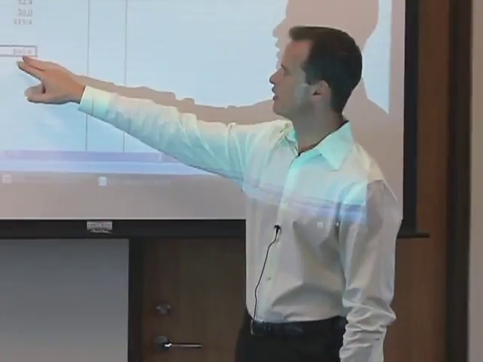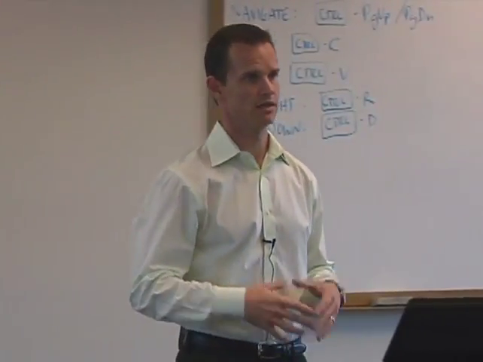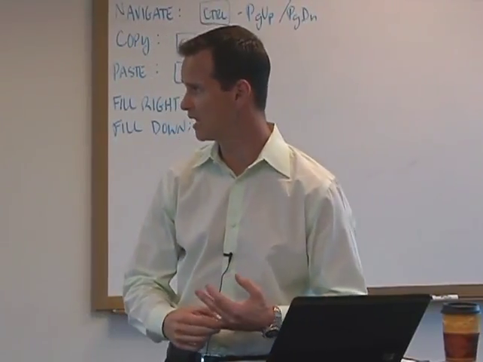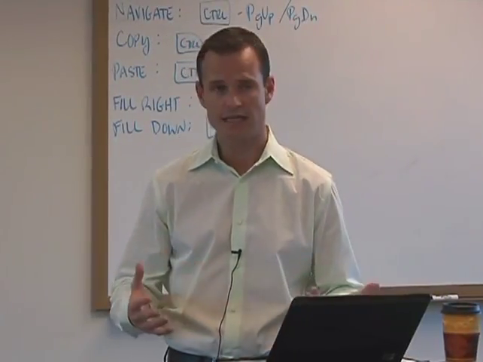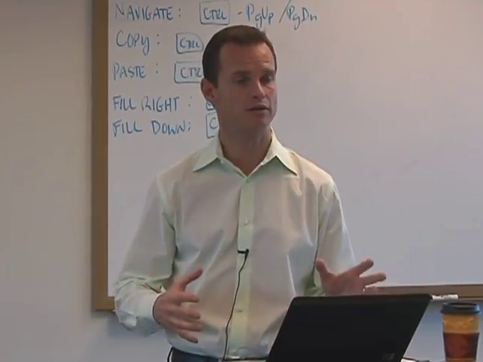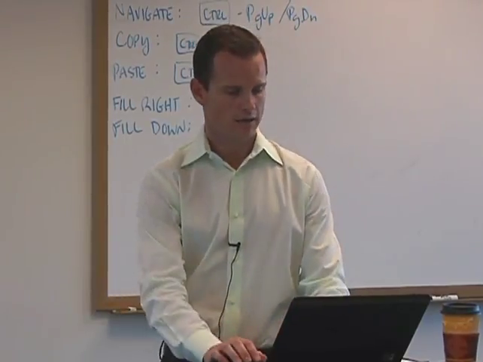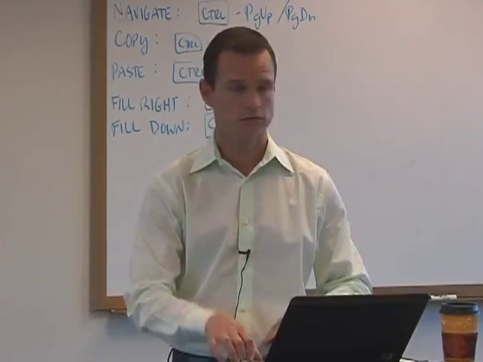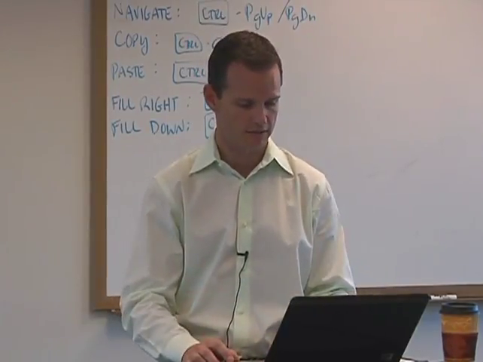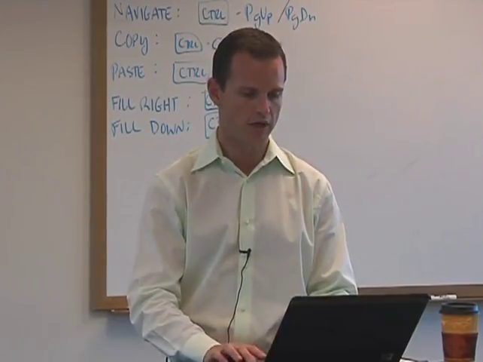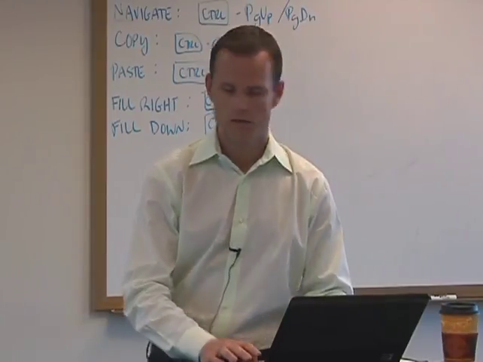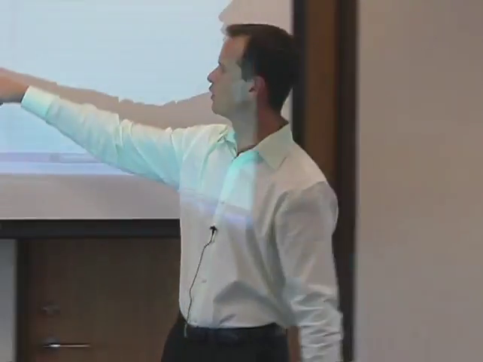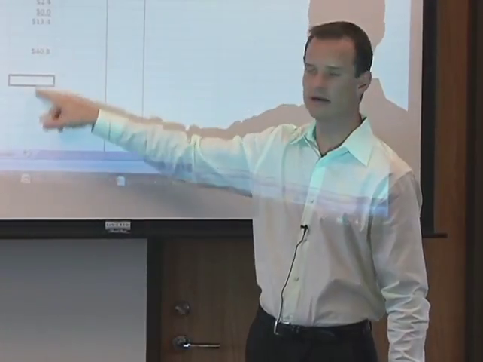My revolving credit facility, the first thing I did was link to my historical balance sheet. So I said equals G67 on the Model tab. Now there are a few ways I can copy that down. I can do a copy, Control-C here, and then Control-V to paste, F9 to recalc. Straightforward, copy, paste. Or I can use what we call a fill command, where I can just fill this formula down as far as I want.